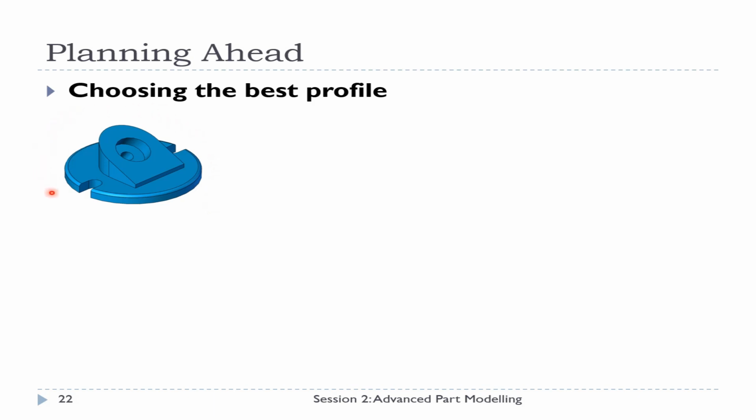So the first example is a circular disc with a boss base in the feature. Let's have a look at this and try to choose the best profile to start sketching when we are making this part from scratch. So looking at the base of the part, this can be the first geometry as our best profile.